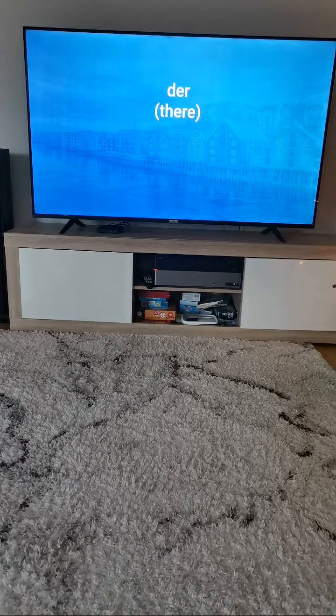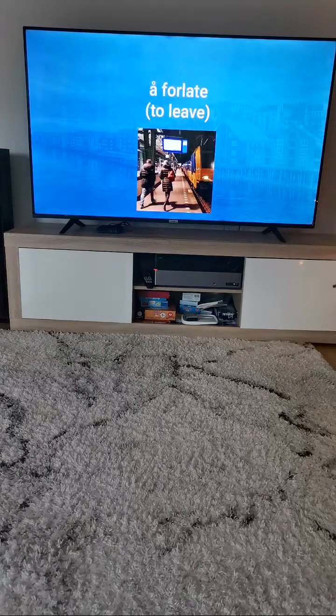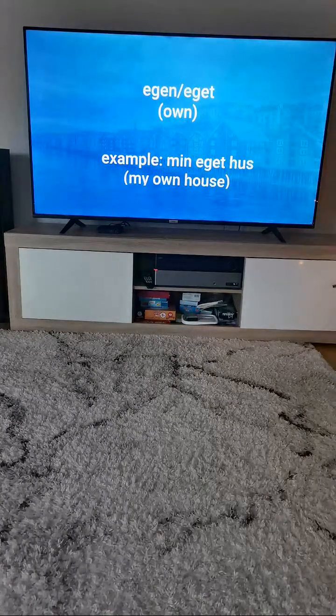There is der. Der. To leave is å forlate. Å forlate. Your own, like, I don't even know how to translate it, but like your own thing is egen or eget, depending on the gender.